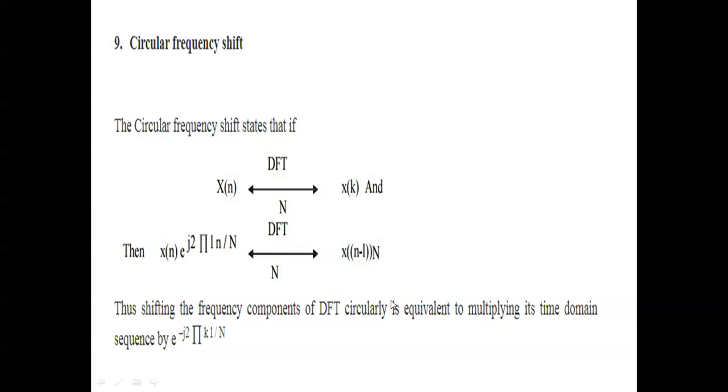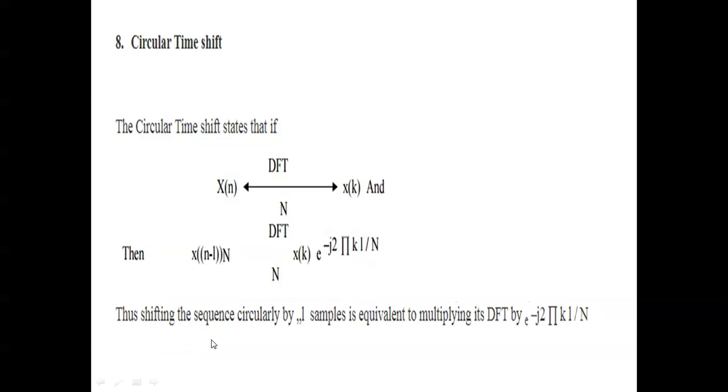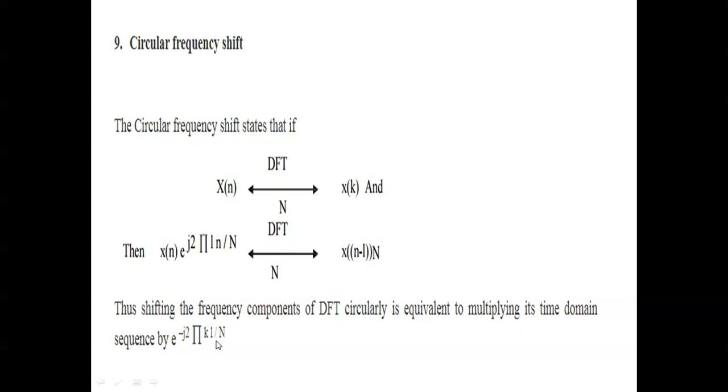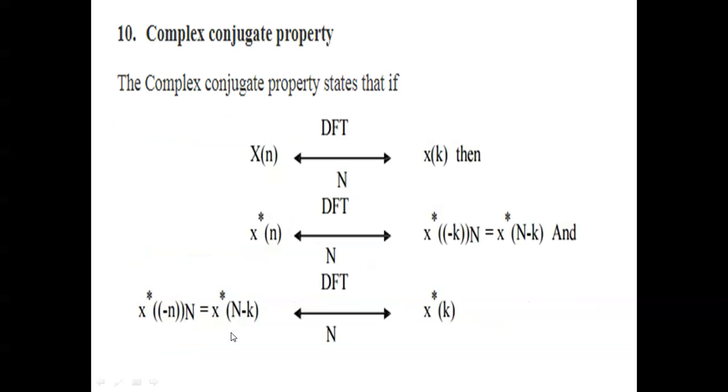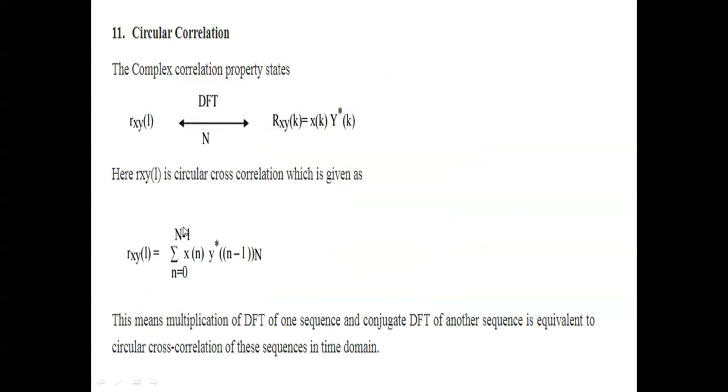Frequency means it is k. And the complex conjugate property: complex conjugate means a star is indicated, and the imaginary part will change its sign.